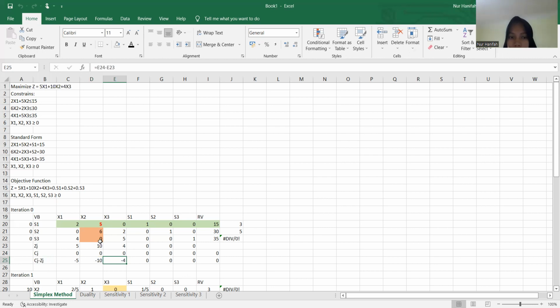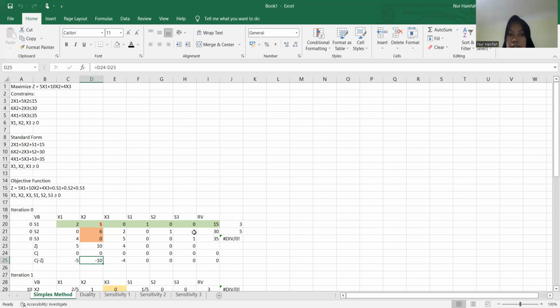Then we determine the key column, the one with the most negative value. Then we choose this column as the key column. This is the key column.